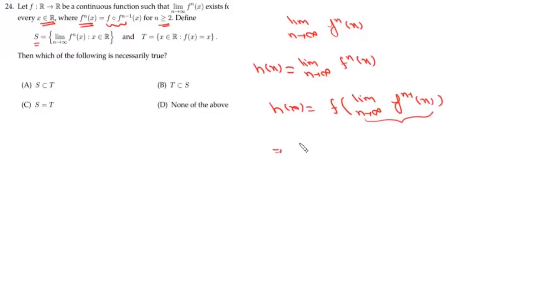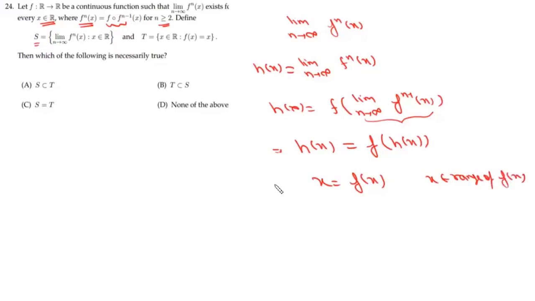So from here we can write h(x) is equal to f of h(x), which again is of the form x equals f(x) when x lies in range of f(x). So our set S is x equals f(x) for any x which lies in the range of f(x).